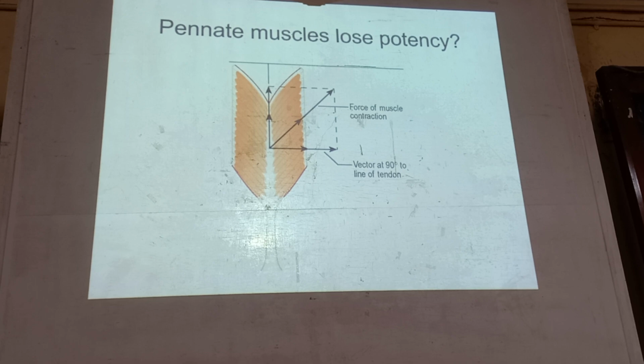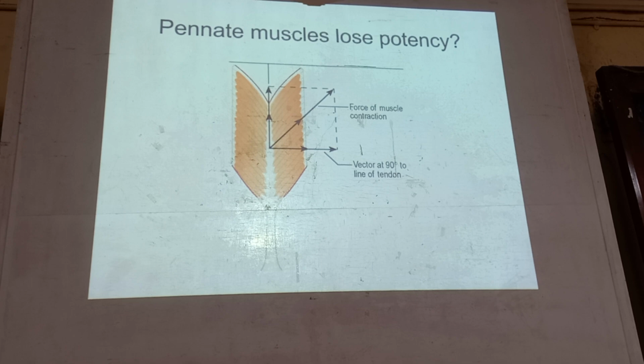So a pinnate muscle is 0.9 times as efficient as if it had been parallel, which means 90% of the potency is there. Only 10% of the potency is lost. Are you getting the point? Because the angle between the muscle pull and the tendon is lesser than 30, the potency of the muscle pull is retained by 90%.